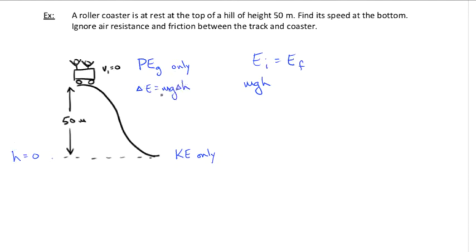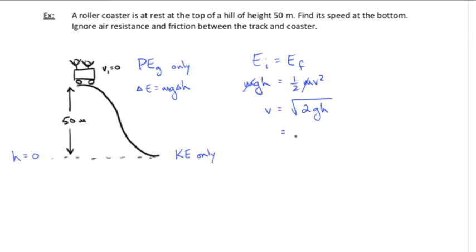And so therefore, we have mgh as its potential energy at this spot. That potential energy is equal to the kinetic energy at the end, because its energy is only gravitational potential energy at the start and only kinetic at the end. Notice here that mass actually cancels, and so we can rearrange for the speed, which gives us the square root of 2gh.